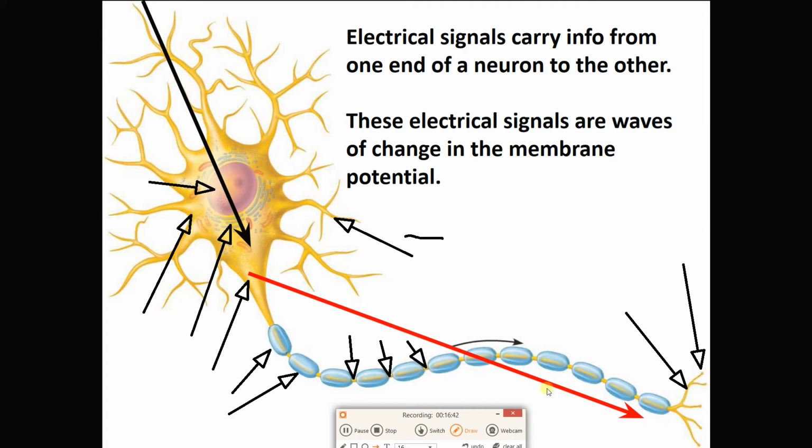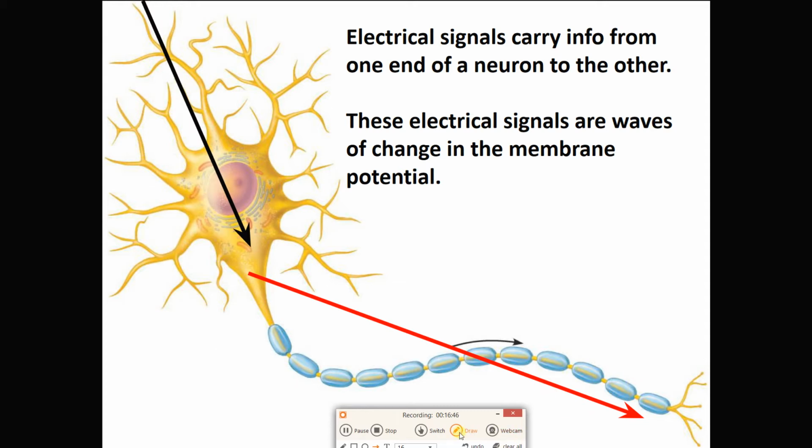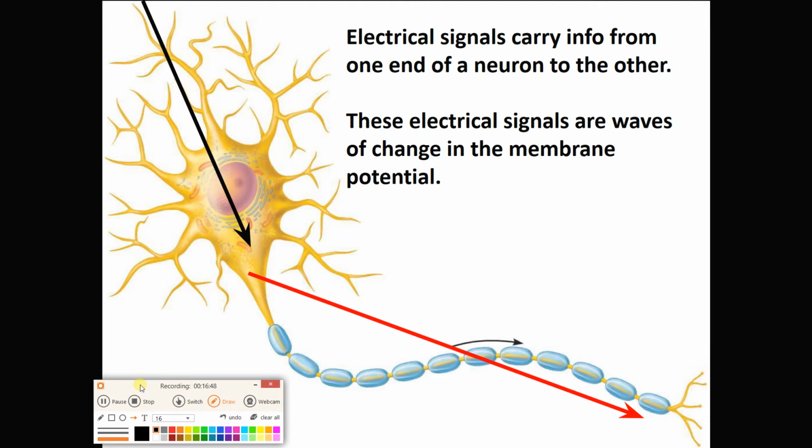All right. So, this neuron, we know its job is communication, right? Neurons communicate with each other. Neurons communicate with muscle cells, gland cells, etc. And the communication, this signal, needs to travel from one end to the other. So an electrical signal needs to travel down my dendrite, down my soma, and then down my axon.